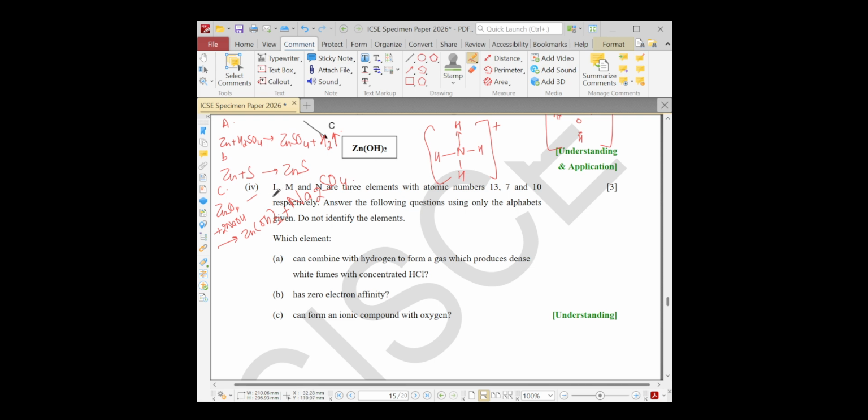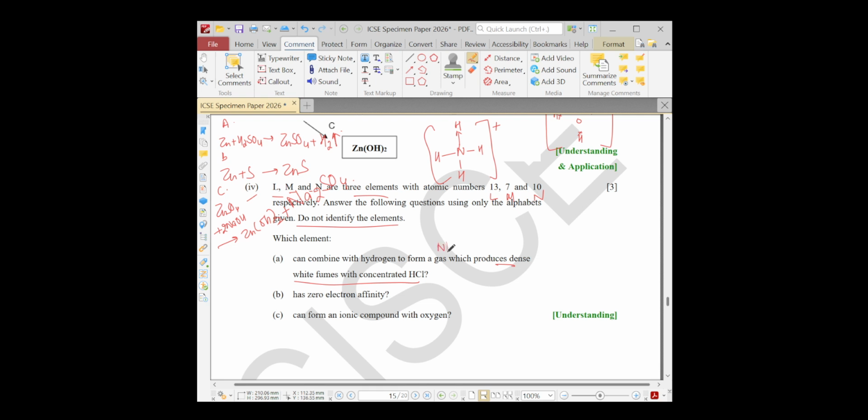Now we move on to the last part. It says L, M and N are the three elements. So this is L, this is M, this is N. The question strictly says do not identify, so you are not going to identify what is L, what is M, what is N. Now it says can combine with hydrogen to form a gas which produces dense white fumes with concentrated HCl.